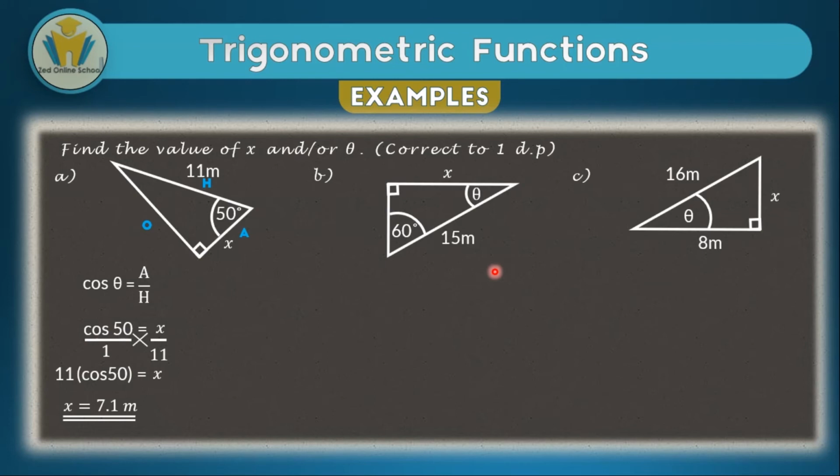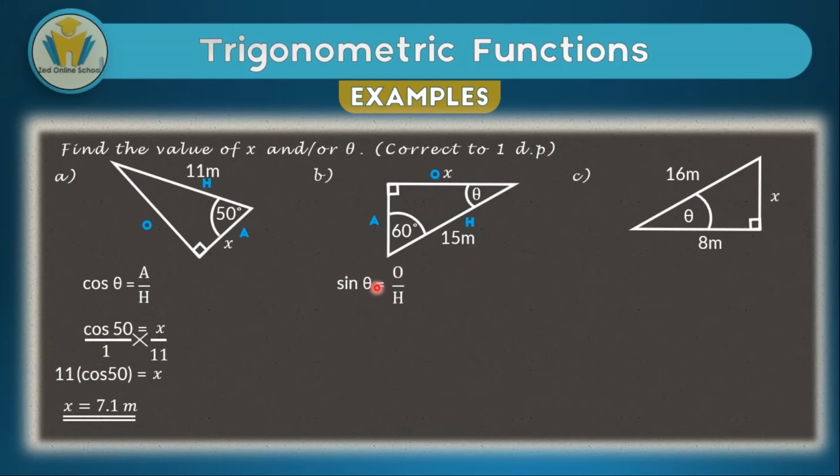First, we're going to label our sides. Note that 60 degrees is our angle of reference, and so our opposite will be x and our adjacent will be the side next to x. You can see that for this question we are going to use sine theta. Why?